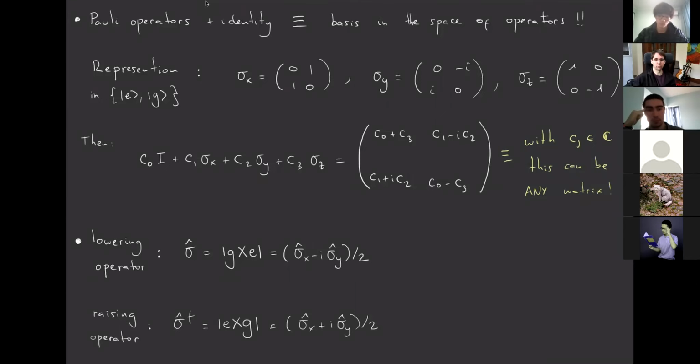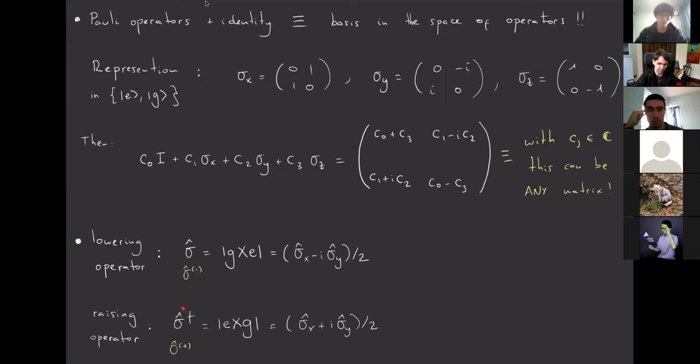So just a note of warning. You will see in many papers and in many books that some people call these operators sigma minus and sigma plus, okay? I don't like this notation, so I will not use it throughout the course. The reason is that it looks like these two are different operators that have nothing to do with each other, sigma plus and sigma minus.